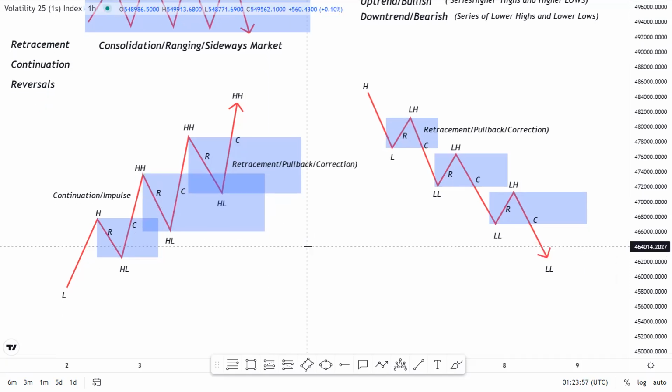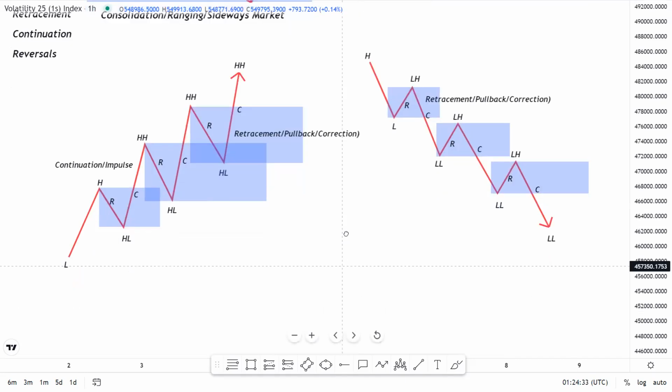Now, while it is very important to be able to understand and identify the retracements and the continuations in the market, as these occur more often than the reversals, it's also very important to be able to identify where there tends to be a reversal in the market, owing to the fact that this helps you better position yourself to take advantage of new kinds of trade opportunities in the markets, which we will obviously talk more about.